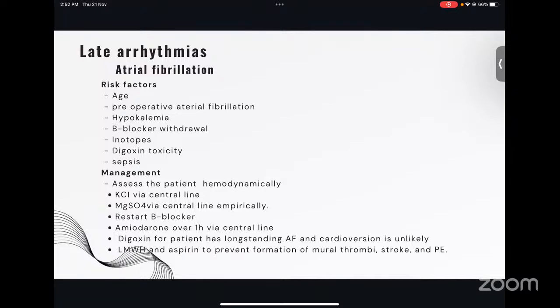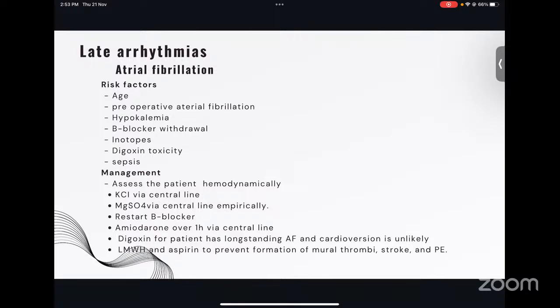To manage a patient with atrial fibrillation, assess whether the patient is hemodynamically stable, conscious, and comfortable in bed, and reassure the patient. But if the patient is hemodynamically compromised because of a fast rate, or has a hypertrophic left ventricle following aortic valve replacement, organize direct current cardioversion, and treat with potassium chloride through the central line to make the serum potassium 4.5 to 5.